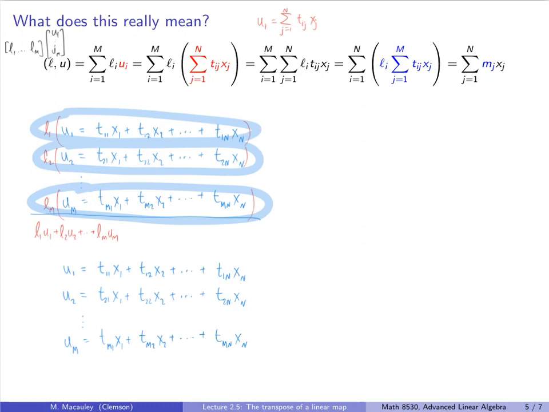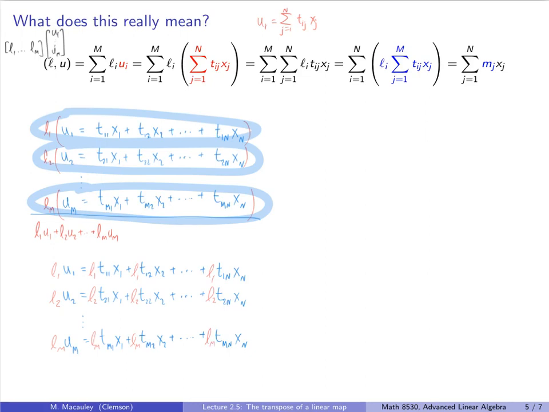So I'm going to retake this system and put it down here, and I'm now going to stick L1s everywhere in here. L2s are going to be in here. And then Lms are going to be everywhere in this last row.